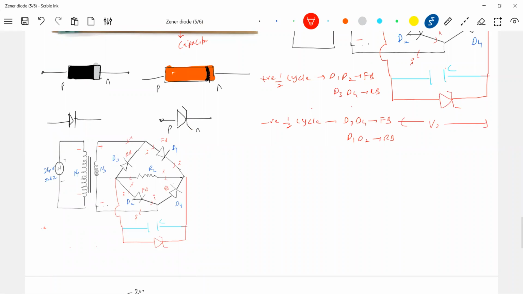During the negative half cycle, this is the thing. So the current will come like this, and will not flow through this. The flow of current will be like this.